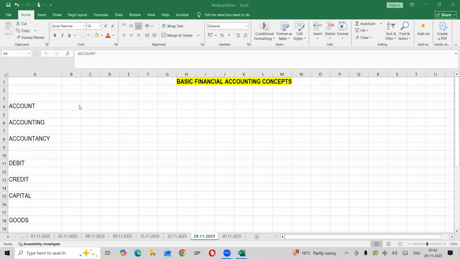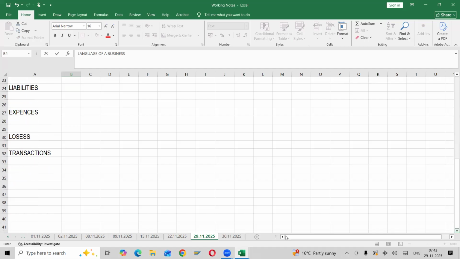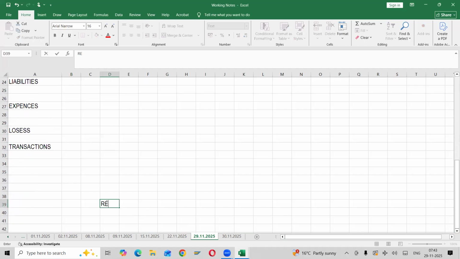Account is nothing but the language of a business. The person who knows it, for example, if I take one example: rent account debited to cash account.